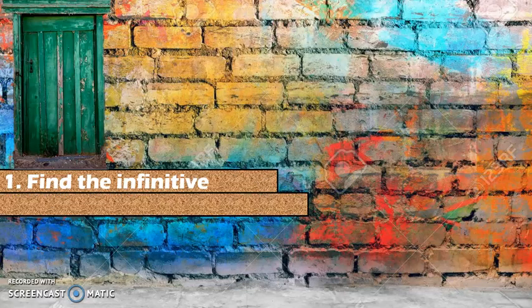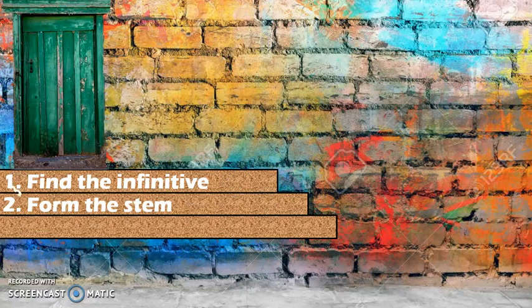The second step is form the stem. So we're going to take our infinitive, we're going to manipulate it just a little bit, change it just a little bit so that we can adapt it to all the different verb forms. Step 3 is set up the subject pronouns, because verbs have to have subjects.